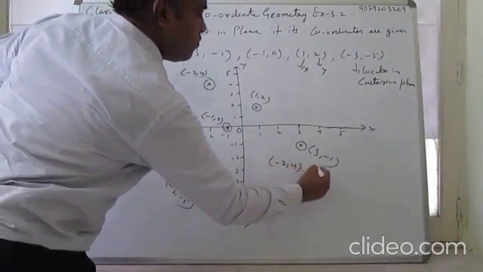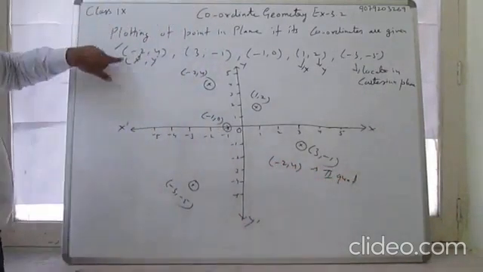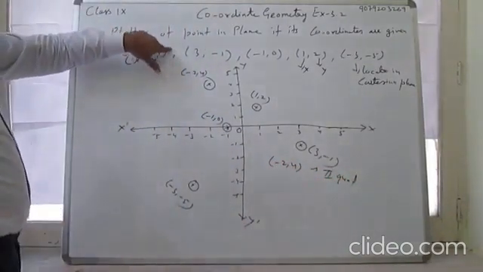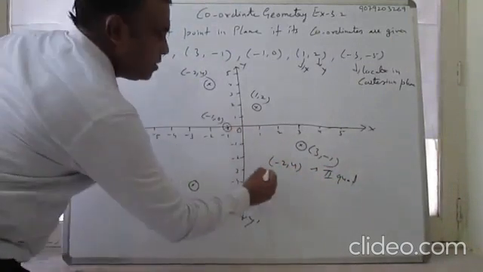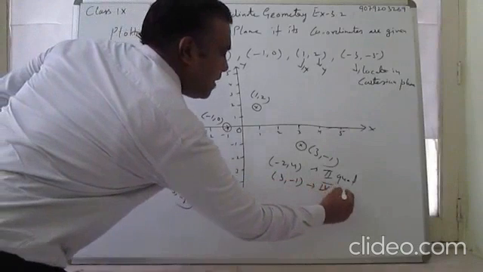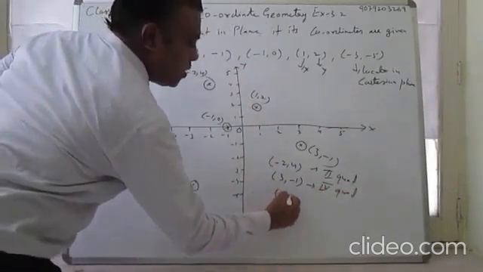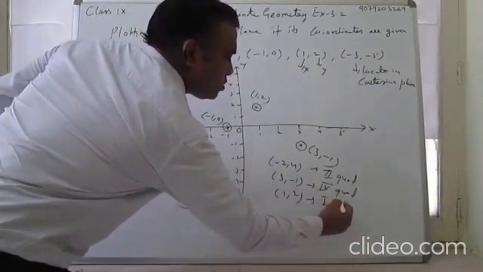Which quadrant is minus 2, 4 in? Minus 2, 4 is in the second quadrant. 3, minus 1 is in the fourth quadrant. 1, 2 is in the first quadrant.